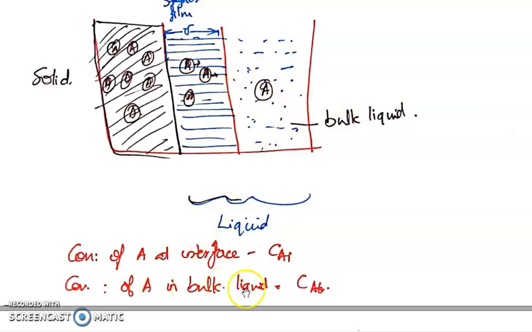Concentration of A in the bulk liquid is CAB. At the initial stage, the value of CAB will be equal to 0 because no diffusion has occurred. The concentration difference which is acting as the driving force is CAI minus CAB, and from the diagram itself it is clear that the concentration of A will always be higher at the interface.